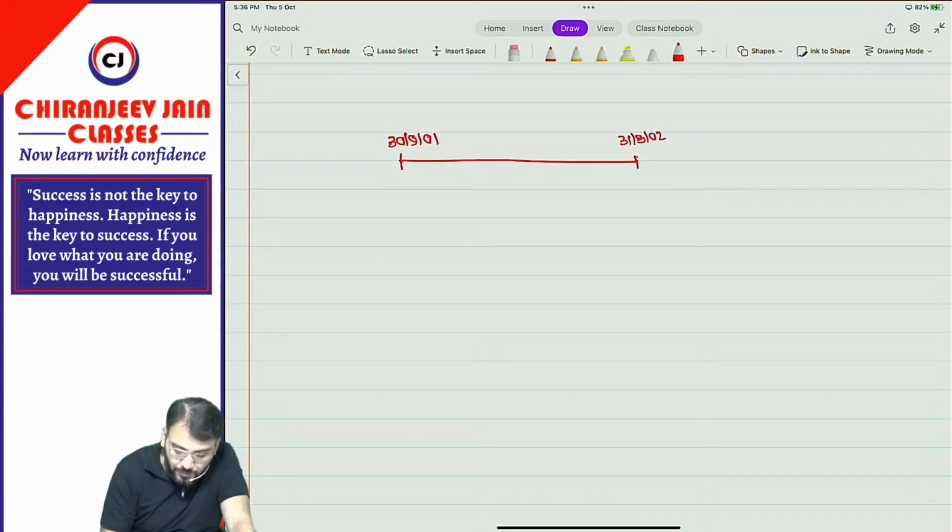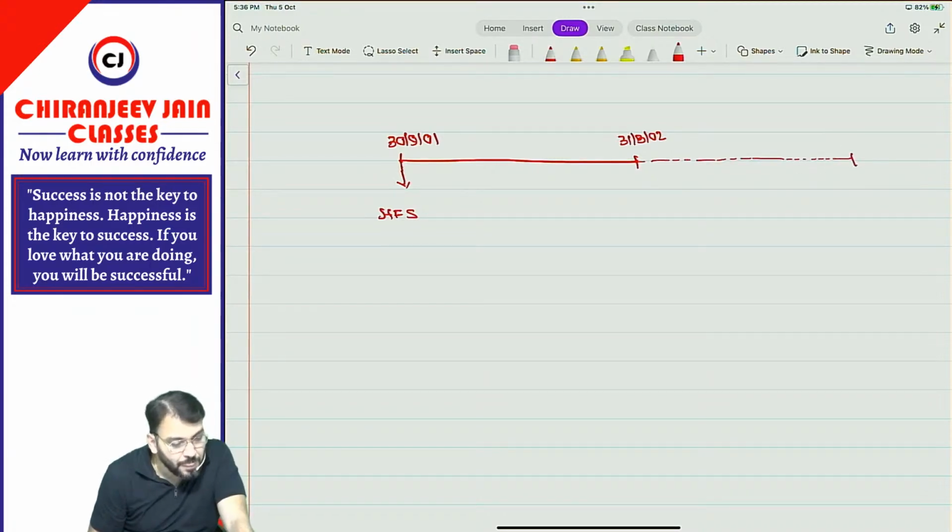And this is the date when it is classified as held for sale and is expected to be sold after 1 year. Understood? It is expected to be sold after a period of 1 year.